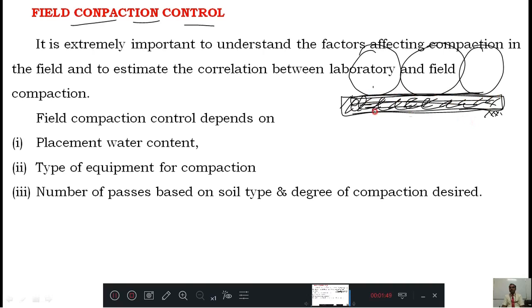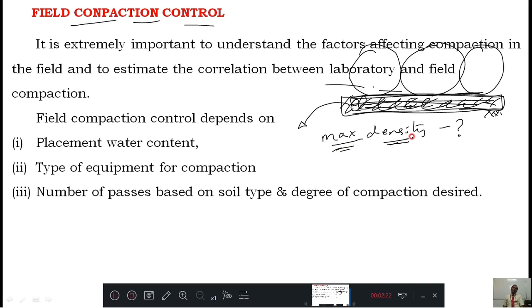The question is whether this compacted soil has achieved maximum density or not. That question arises. Or, to achieve this maximum density, we need to add some water. You might have seen that first they put some water, and after that the rollers move. Then how much water we need to put, or how many rounds of these rollers we need to make to get this maximum density, that we need to observe.